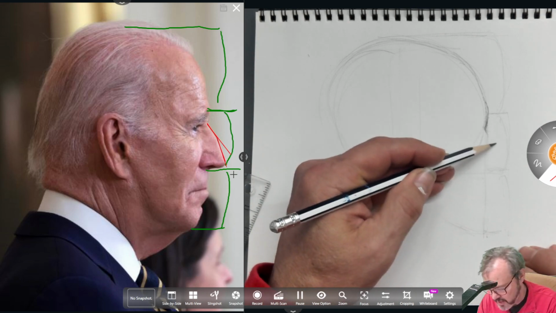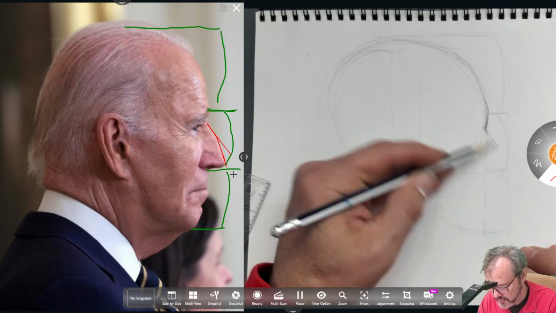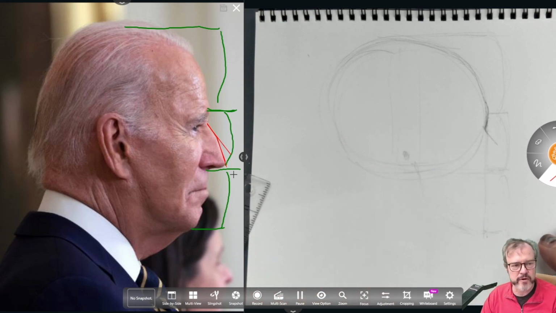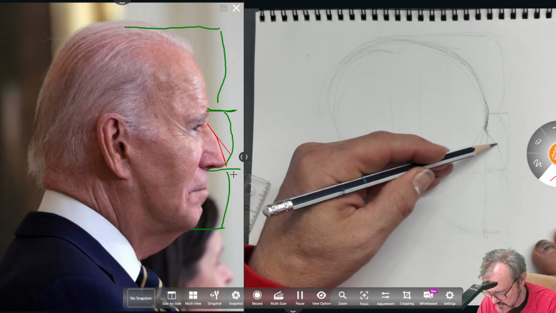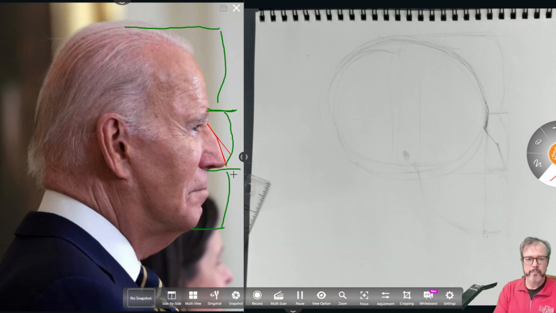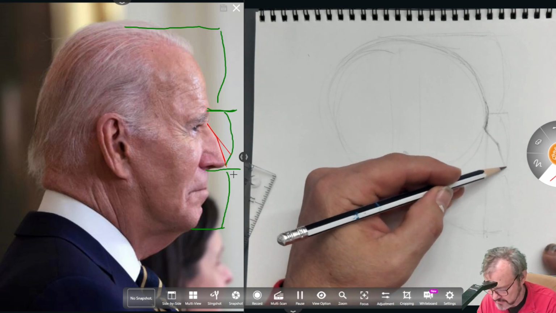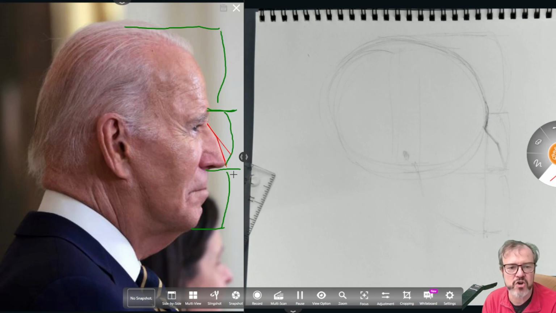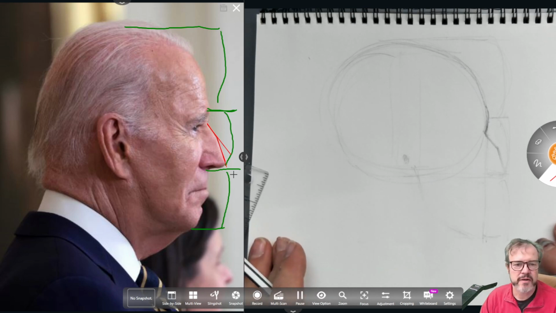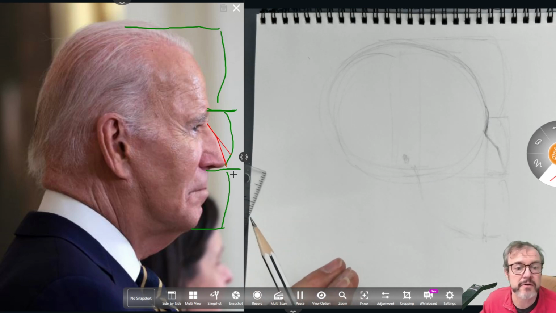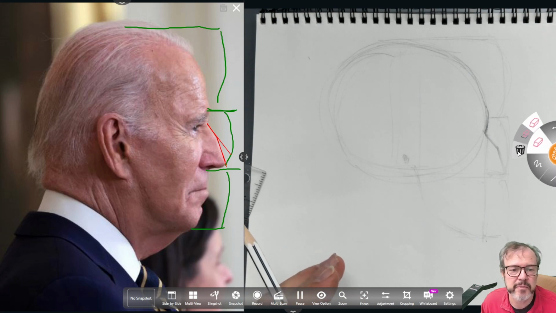So we're going to block that in with this angle, which is almost 45, and this angle, which is a steeper angle. This kind of nose is sometimes misleadingly called a hook nose. Doesn't really look like a hook, but that's a term that you sometimes hear.